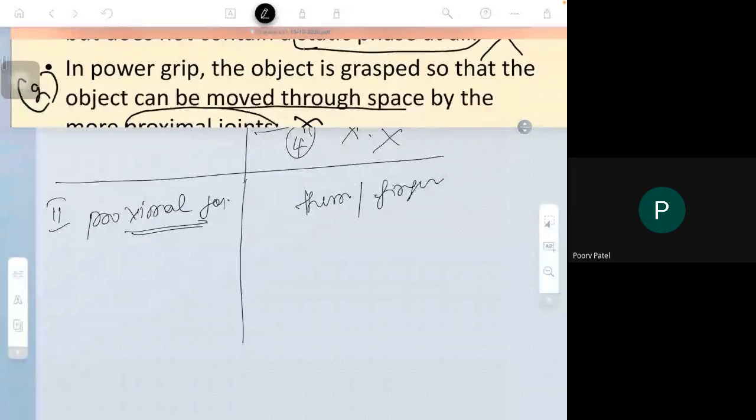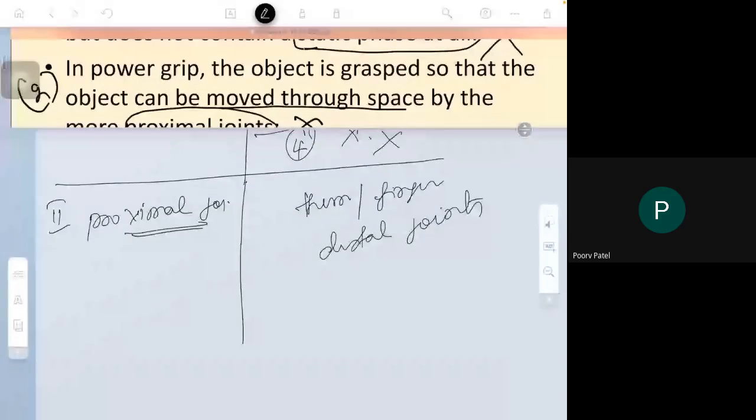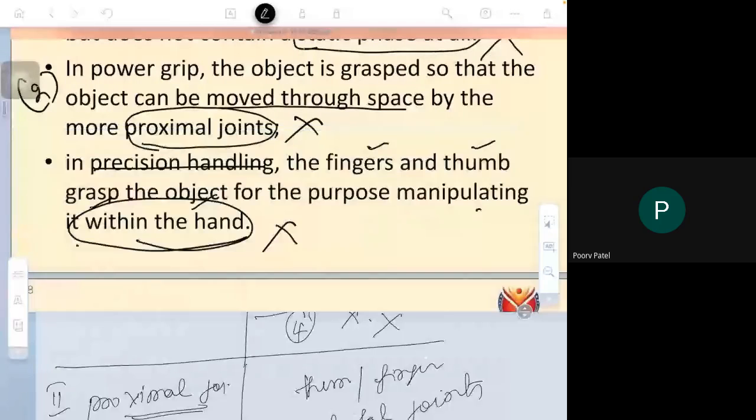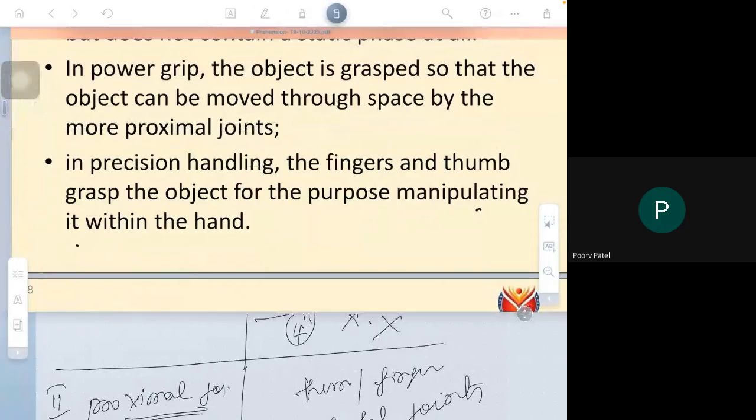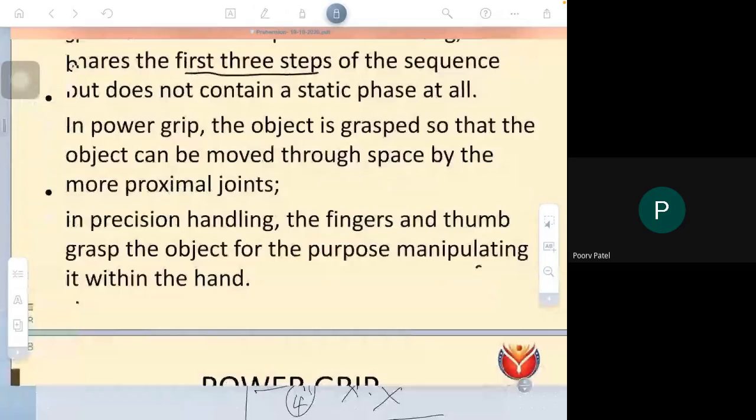Or, in other words, you are not using the proximal joints. You are using only the distal joints. So this is the major difference between power grip and precision handling. Are you clear? Yes, sir.